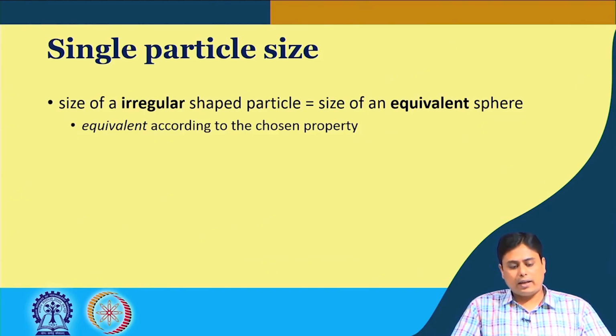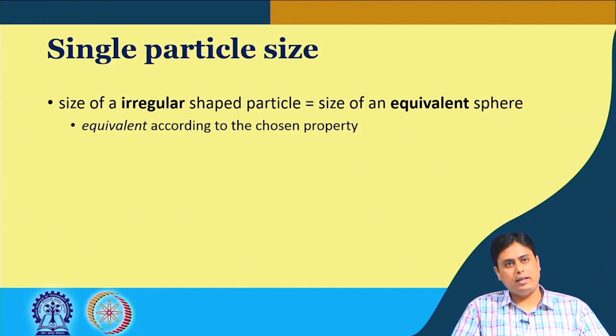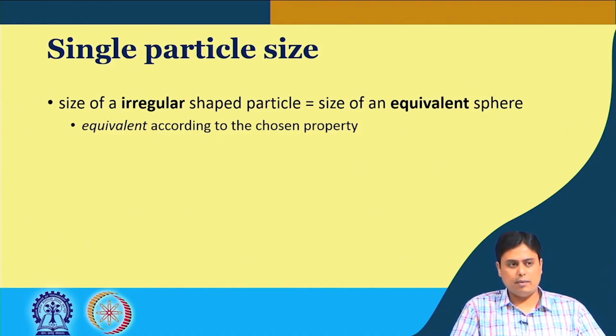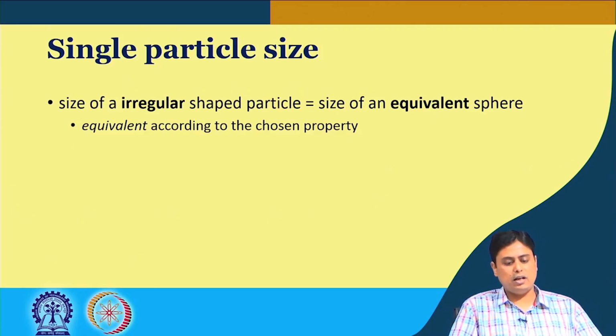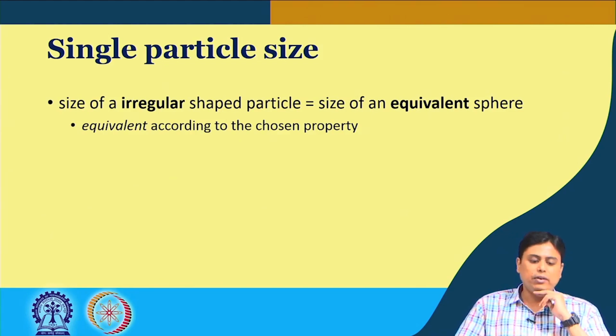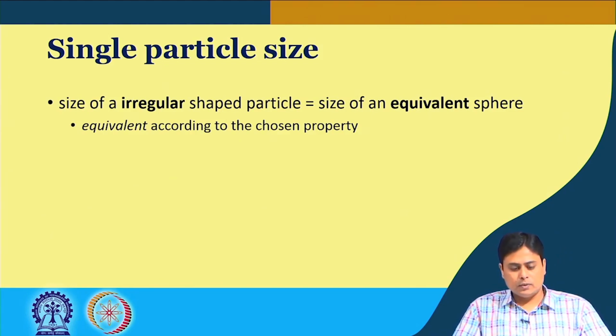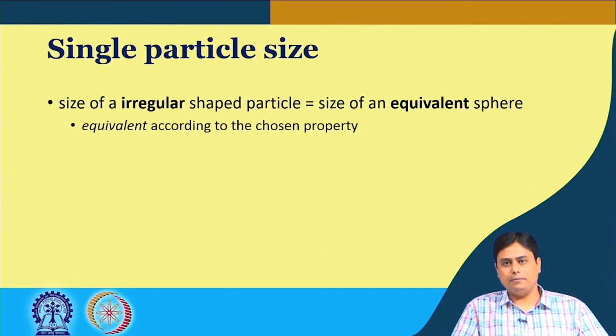In the regular case, we have understood that it can be defined very easily by any of these dimensions, that is, in case of a cuboid 3 dimensions, in case of a sphere the diameter, in case of a cylinder the radius and the height. But in case of irregular shaped particles, what has been conventionally done is that the size of irregular shaped particles has been equated with the size of an equivalent sphere.